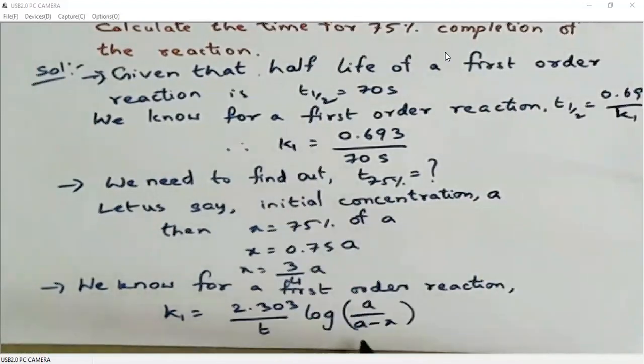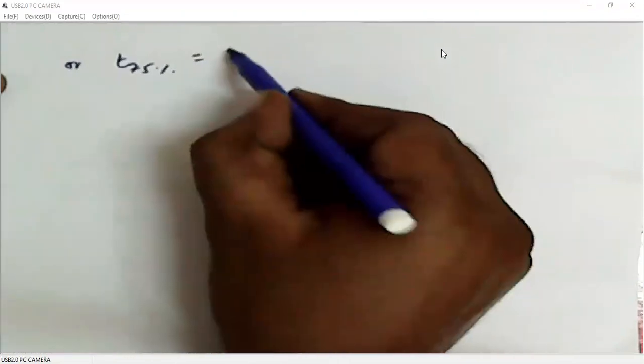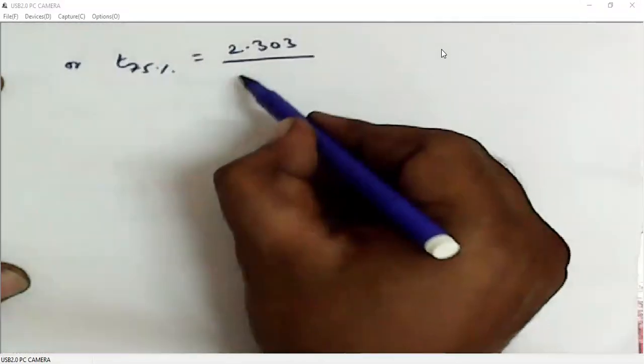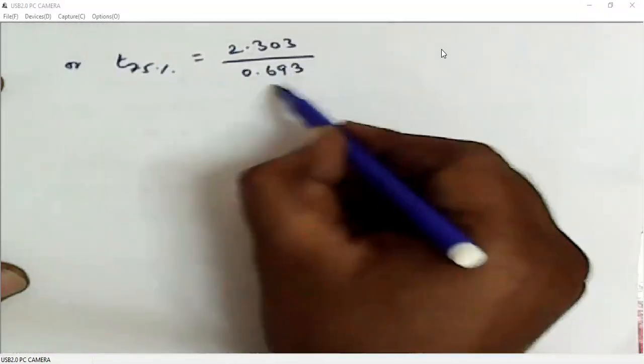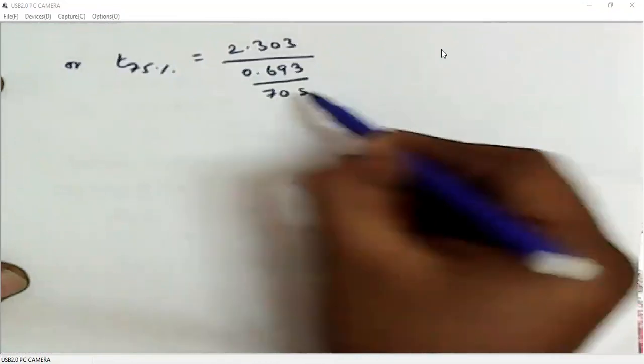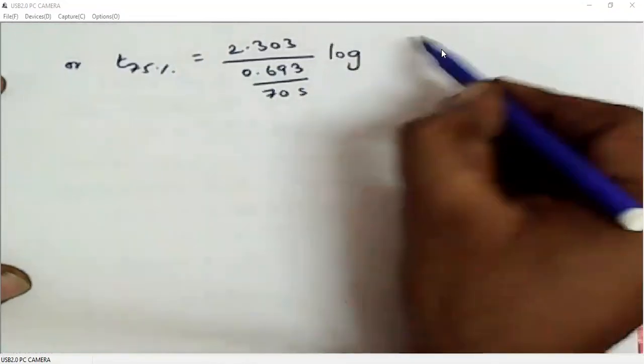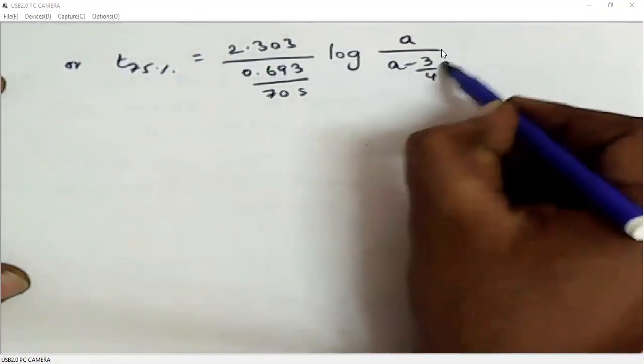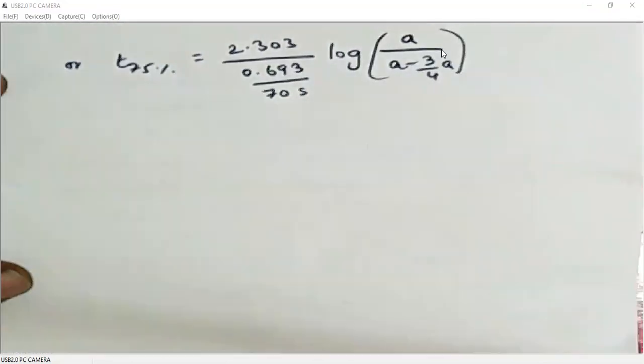So we will substitute all these here and we will determine T 75%. We will rearrange this equation. T 75% is equal to 2.303 by K1. What is K1? It is 0.693 by 70 seconds multiplied by logarithm of A by A minus 3 by 4. We can substitute 0.75 A or 3 by 4.